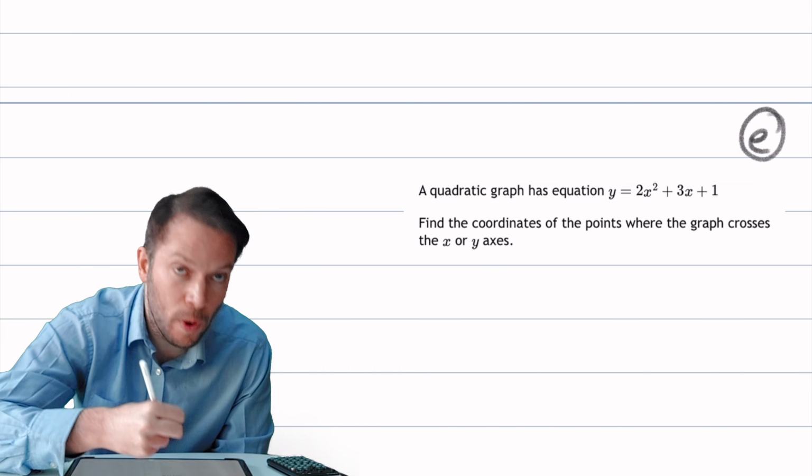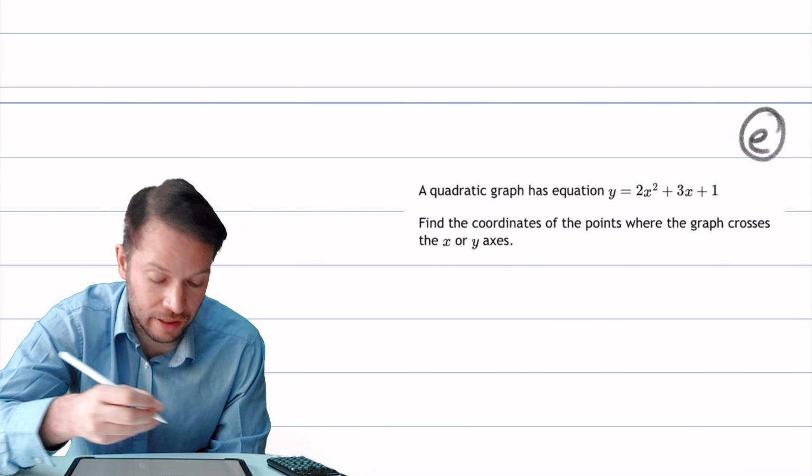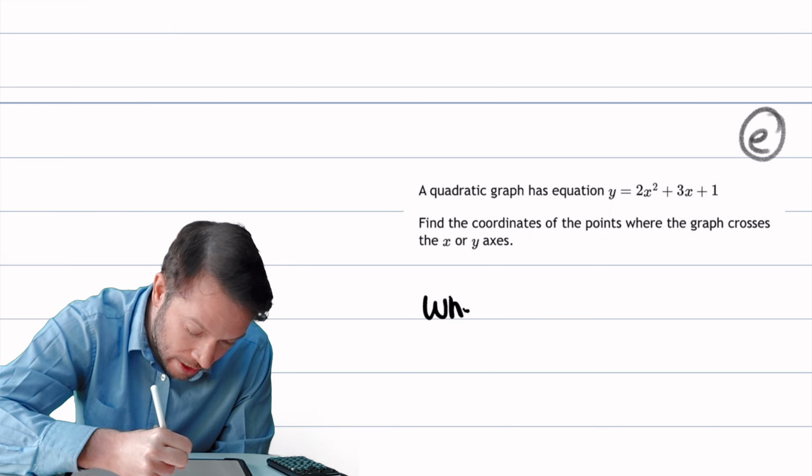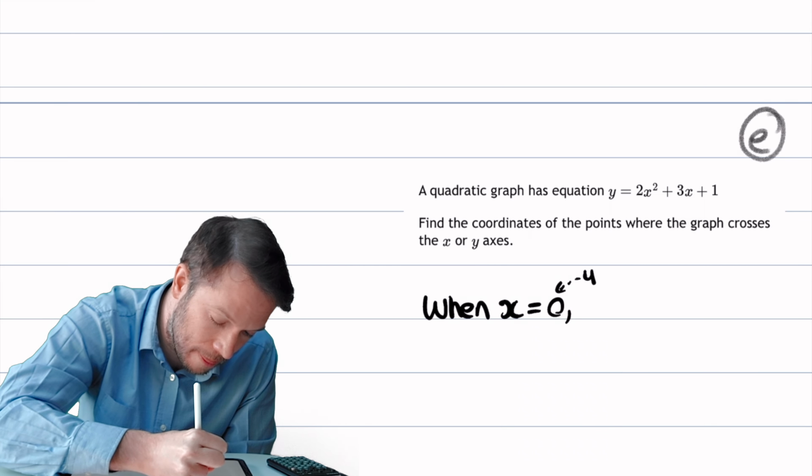In general, when you're on the x-axis, y equals 0, and when you're on the y-axis, x is 0. So let's consider when x is 0, because that will give you the y-intercept.